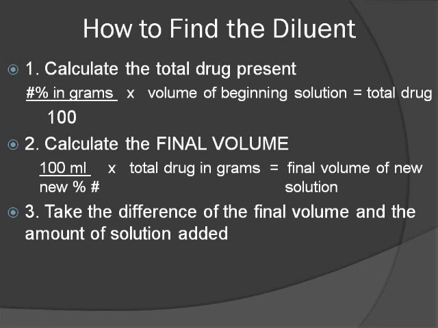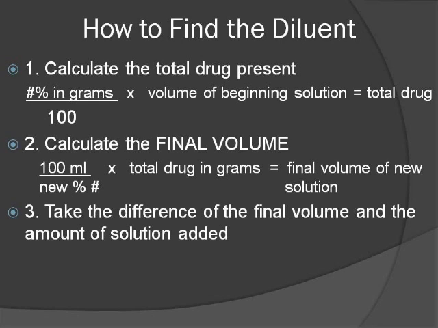Then you want to calculate the final volume. You'll take the percentage, which means so many grams out of 100 mLs. Since we're trying to calculate the final volume, we'll have milliliters on top, and since it's out of 100, we'll have 100 on top.